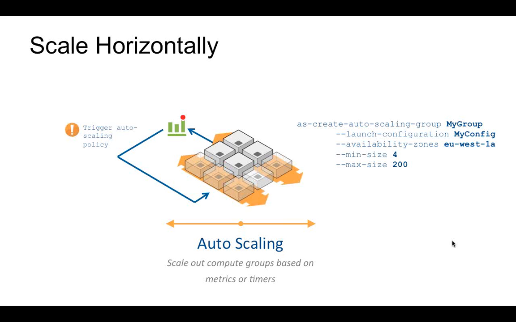What are the metrics, like CPU load, memory, or even custom metrics like your application's internal buffer sizes, queues, etc., that the system should be looking at to detect when your instances are overloaded or underloaded? And then, what are the actions that happen automatically when you reach these thresholds? For example, to scale out the system by adding more instances, or to scale in by removing instances from the group to save costs.